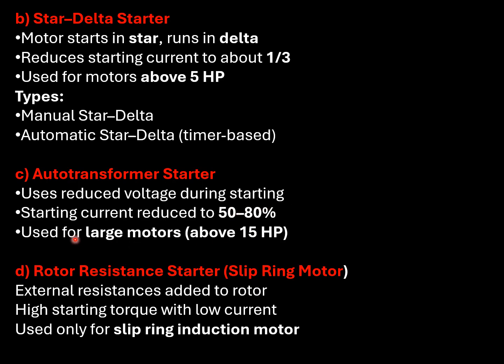Used for large motors above 15 HP. Next category is rotor resistance starter, that is slip ring motor. External resistances added to the rotor, high starting torque with low current, used only for slip ring induction motor.